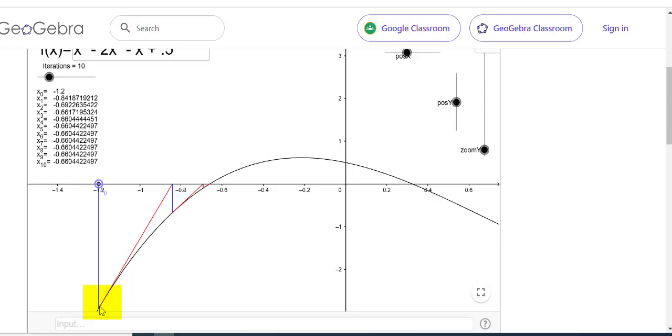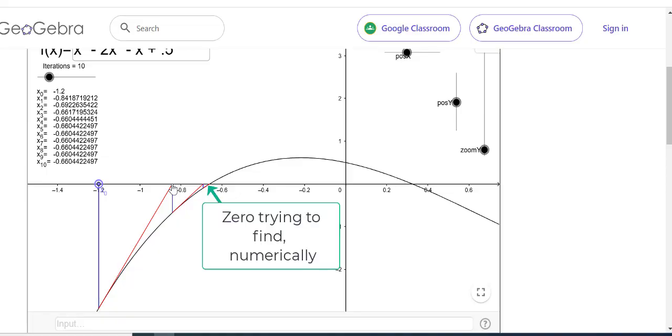That puts me down here. And if I use calculus and write the equation of the tangent line at negative 1.2 on my function, my tangent line crosses the x-axis at about this point right here, somewhere close to negative 0.8. Well, that's closer to my zero that I want to find.